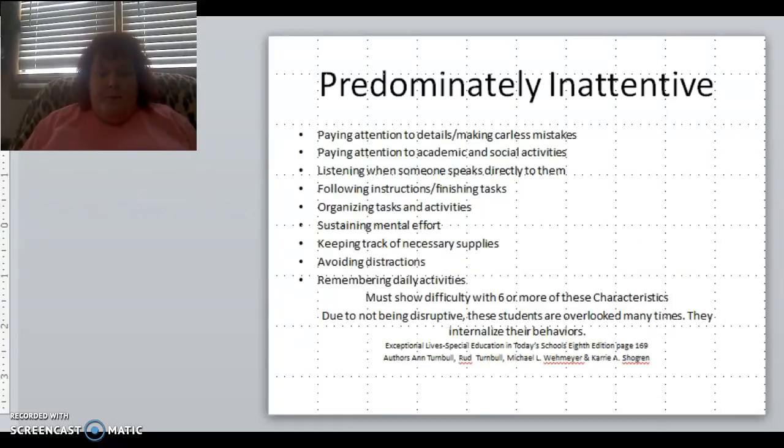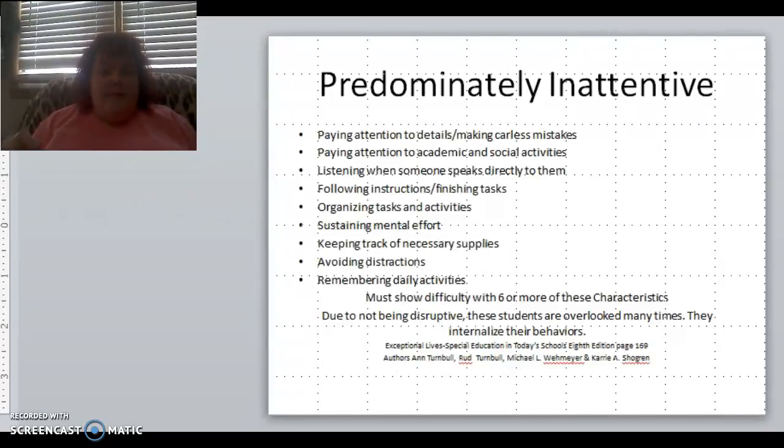Predominantly inattentive. They must show difficulty with 6 or more of these characteristics: paying attention to detail, paying attention to academic and social activities, listening when someone speaks directly to them. That can be a teacher or a parent, somebody in charge. Following instructions and finishing tasks, homework. If you give them more than a couple of instructions, they have issues.